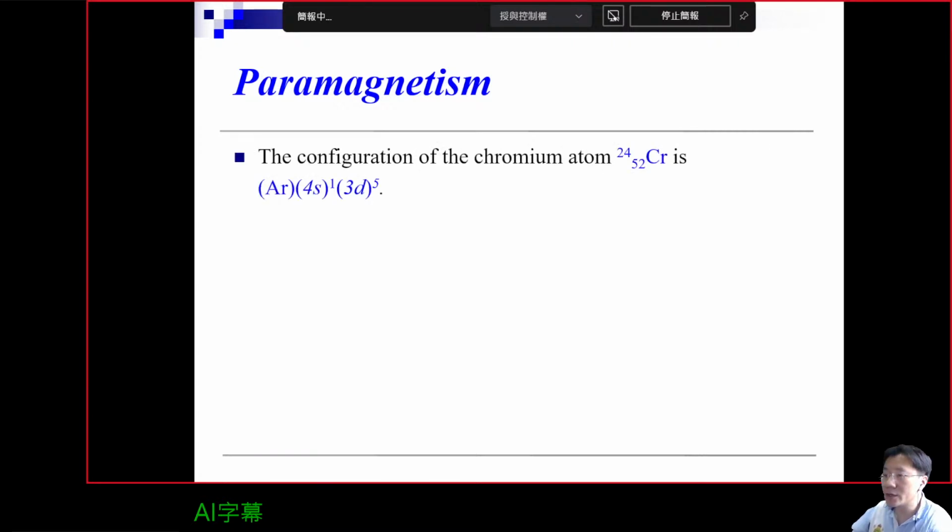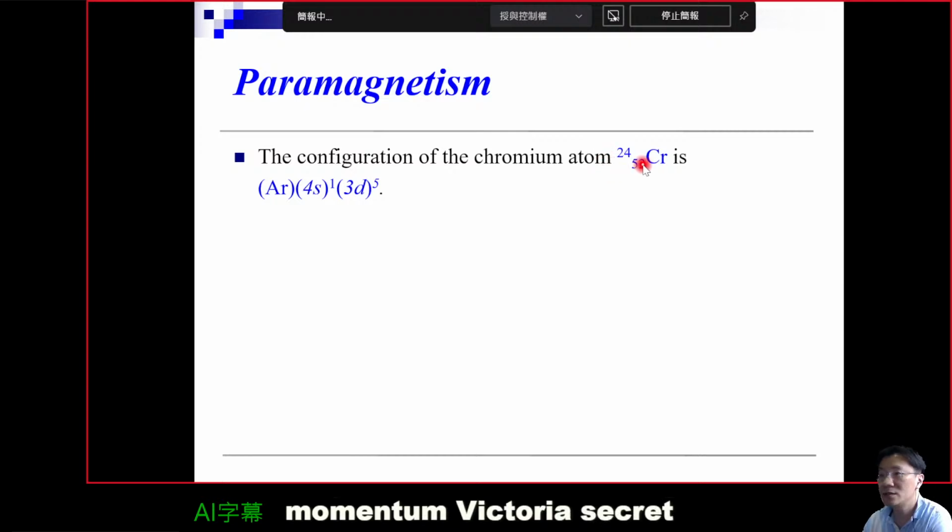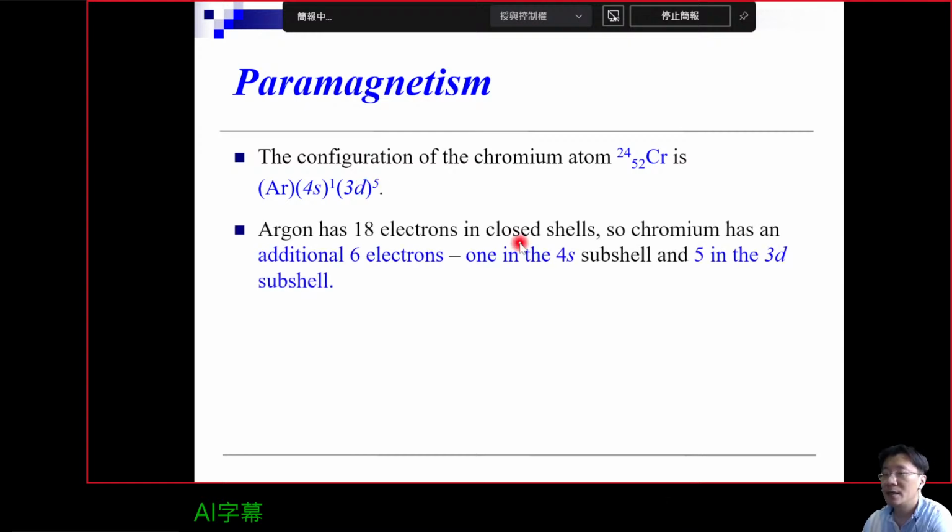So we can calculate from here. The electron configuration of the chromium atom is like this: we can write it as Ar 4s1 3d5. This representation means that argon has 18 electrons in closed shells, so the chromium has an additional 6 electrons, 1 in 4s and 5 in the 3d subshell.